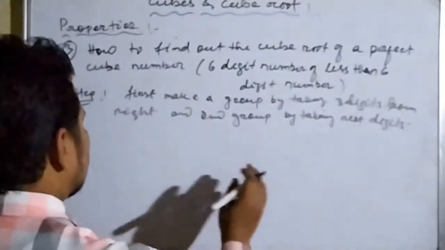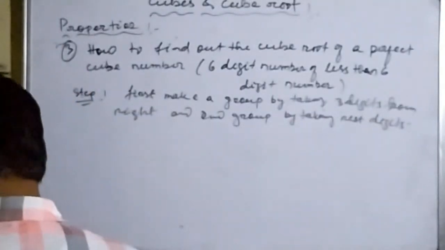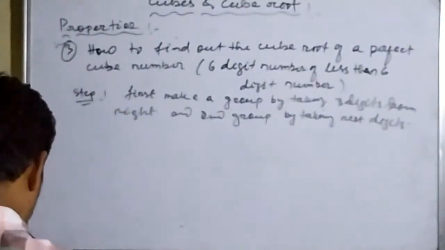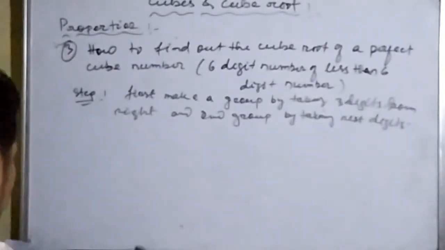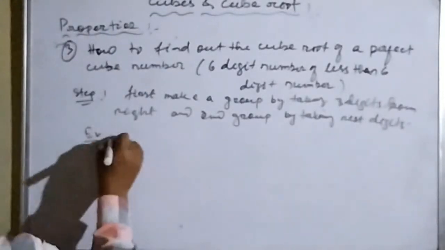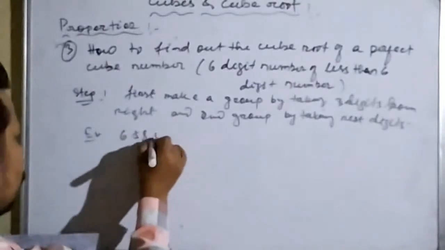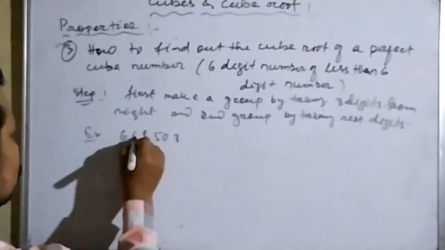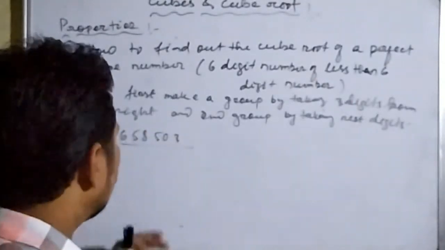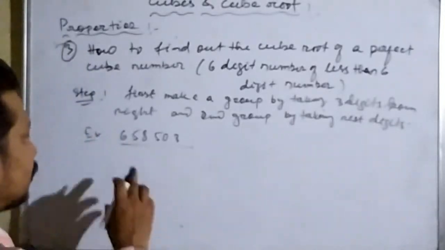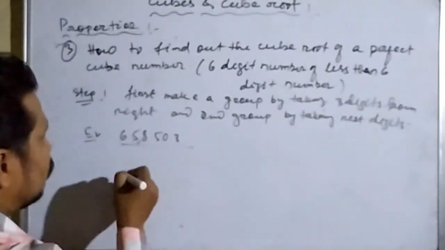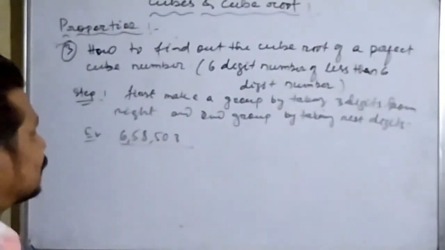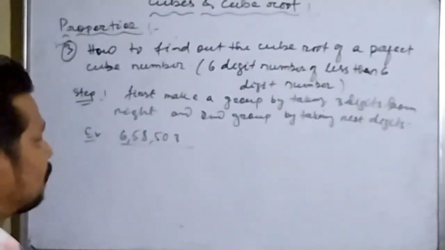For an example, suppose the number is 658503. This is the number. How many digits are there in 658,503?